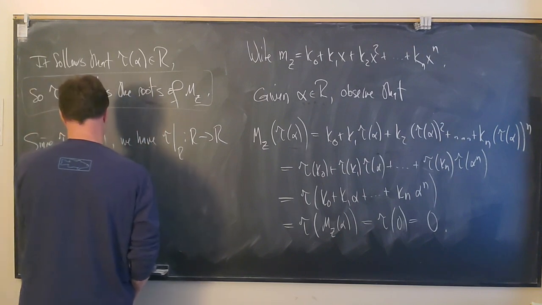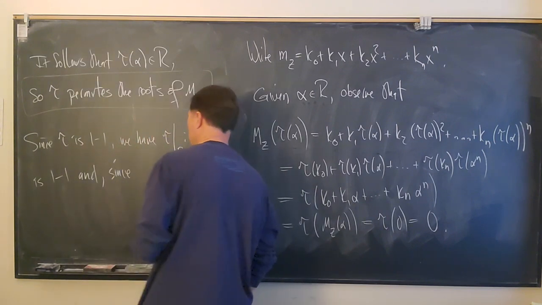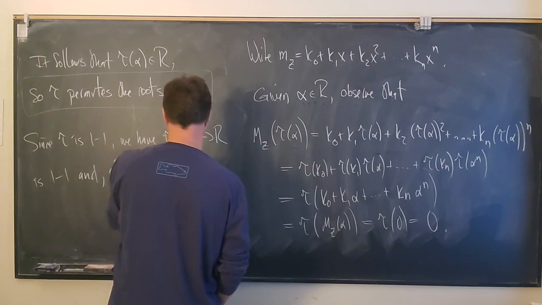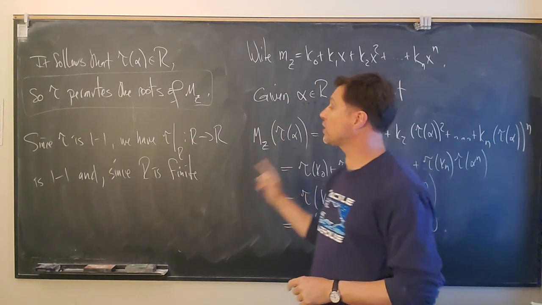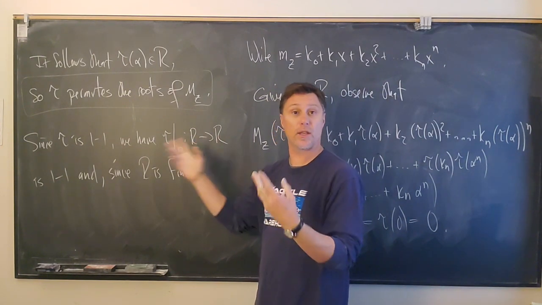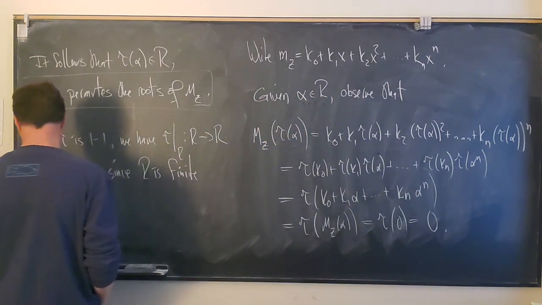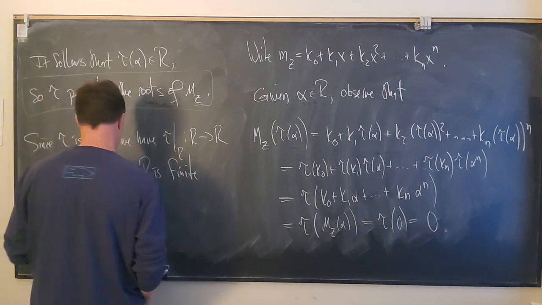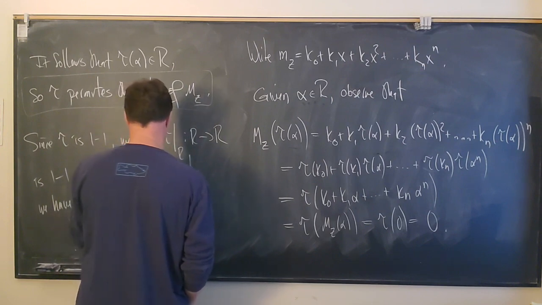And since R is finite, this is sort of a Math 248 thing: if you have a 1-to-1 mapping from a finite set to a finite set, then you get onto for free. So since R is finite, we have that tau restricted to R is onto.